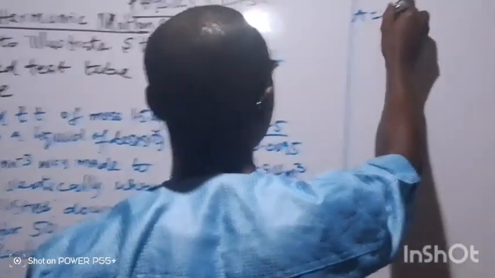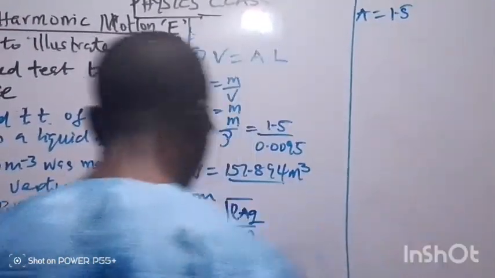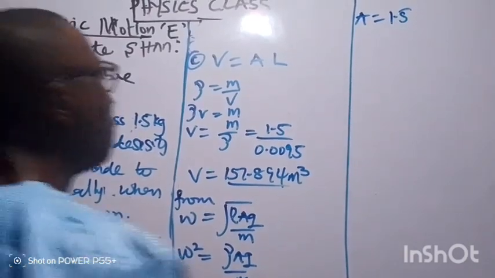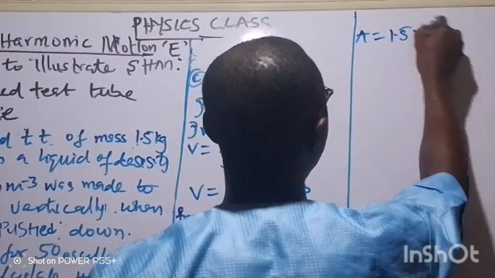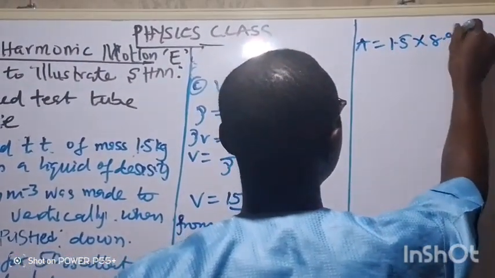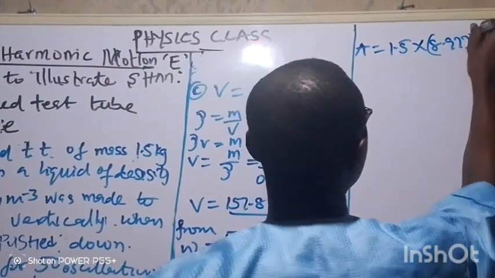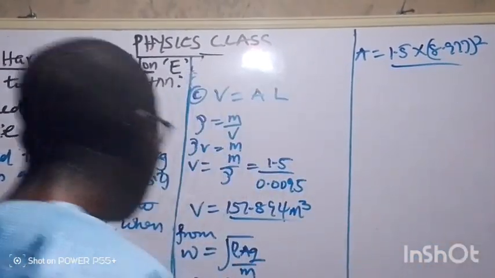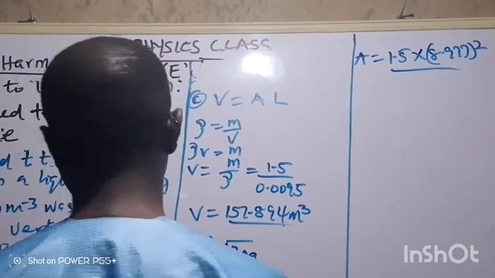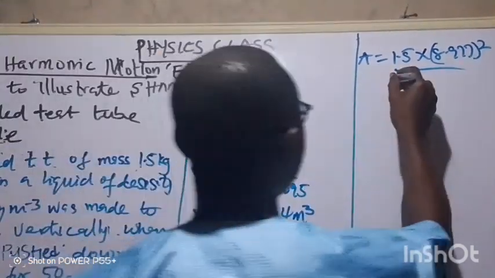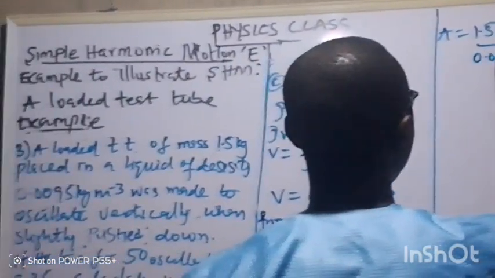So A now will be equal to 1.5. The other time we've calculated omega as 8.977, squared, then divided by density, according to the question, that is 0.0095, then multiplied by acceleration due to gravity, 10.